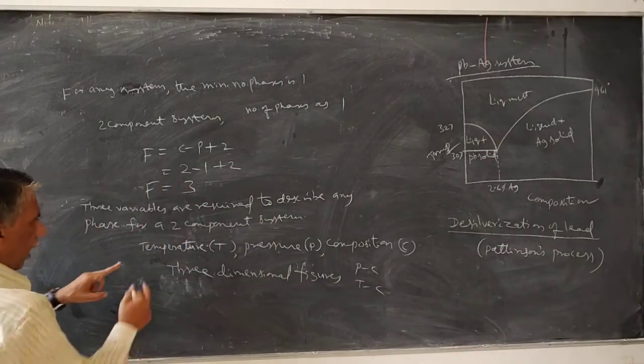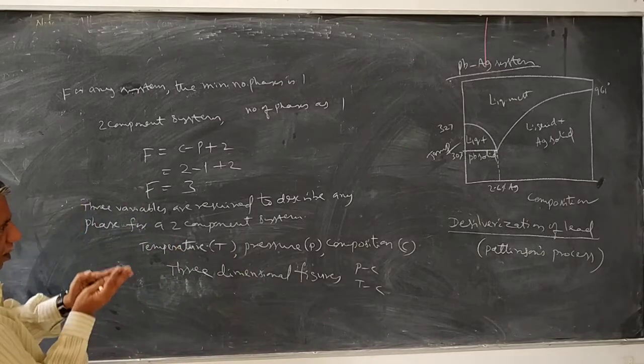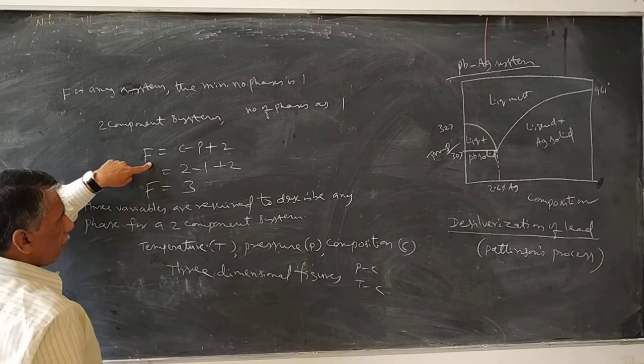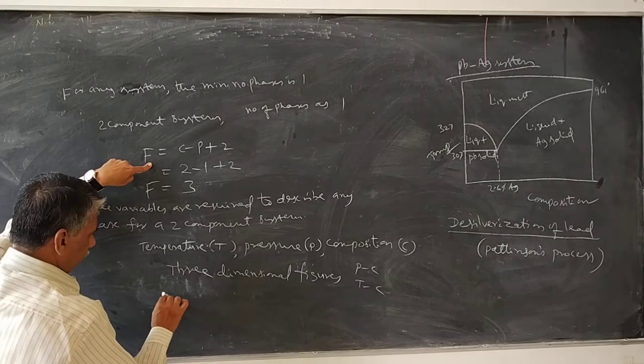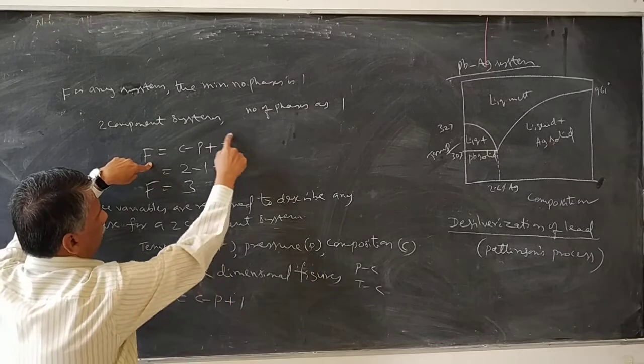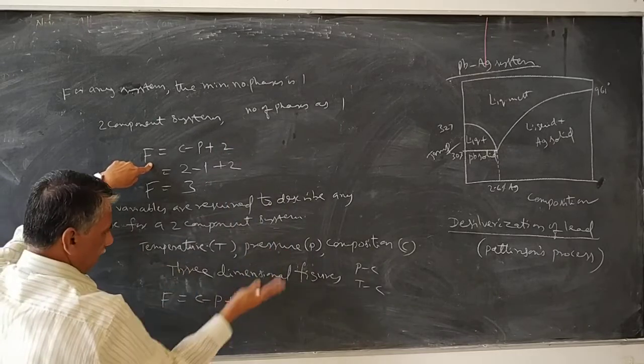Okay, since out of these 3 variables, one is reduced, therefore this phase rule equation changes to F is equal to C minus P plus 1. From this, one variable is reduced.